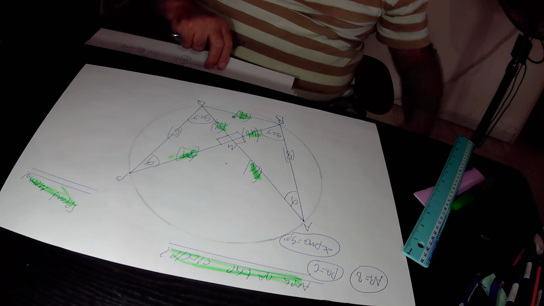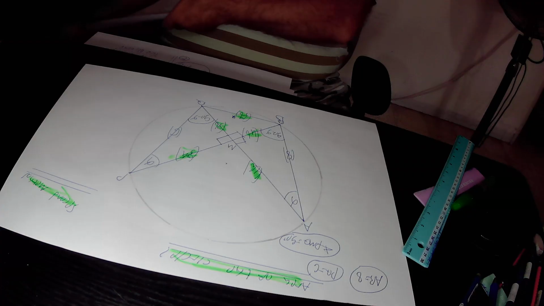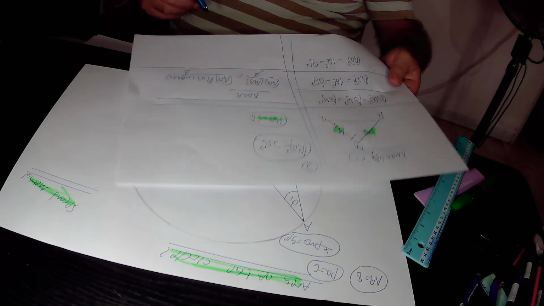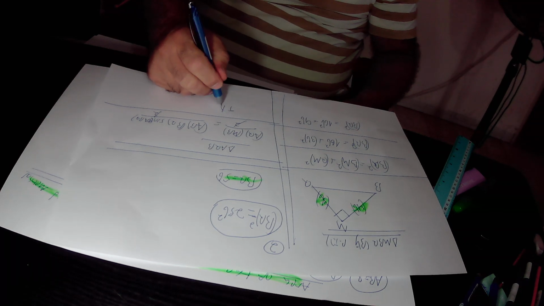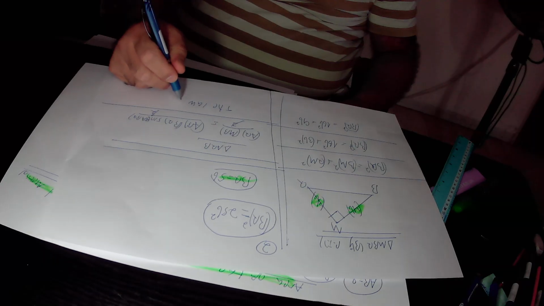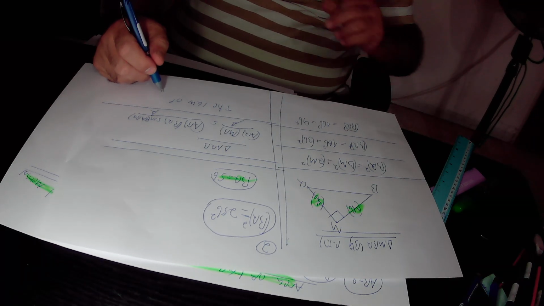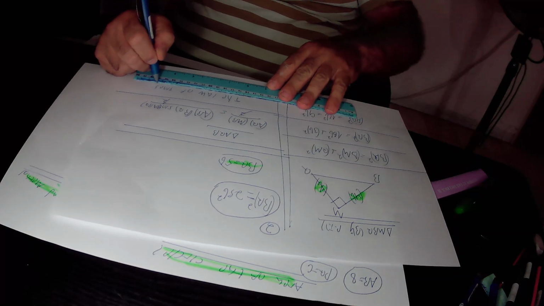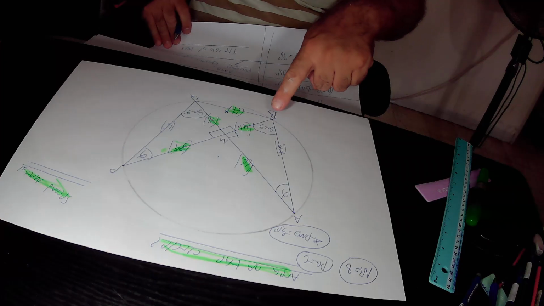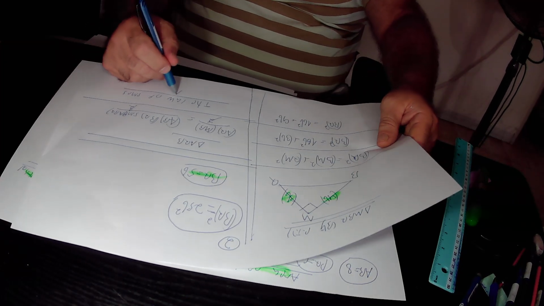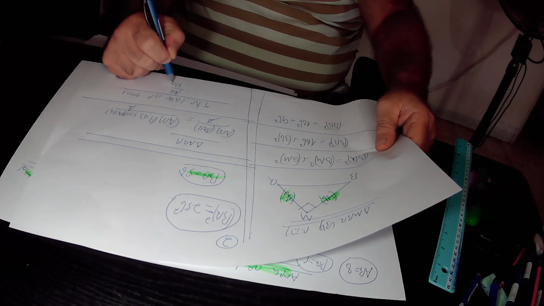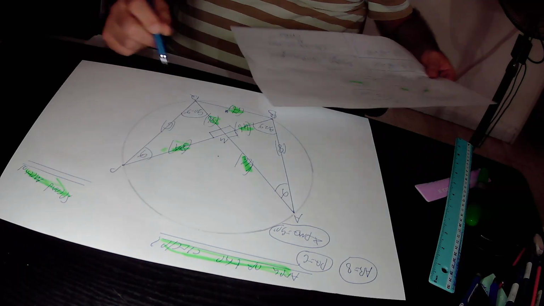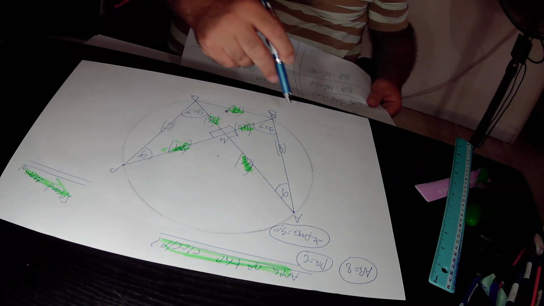So if we implement the law of sines in our drawing on triangle ABQ that is blocked by this circle, we get that AQ over sine ABQ is equal to 2R, and 2R is the diameter of this circle that blocks this triangle ABQ.